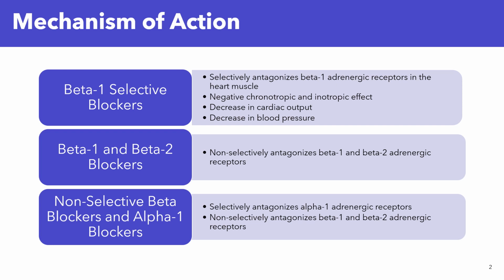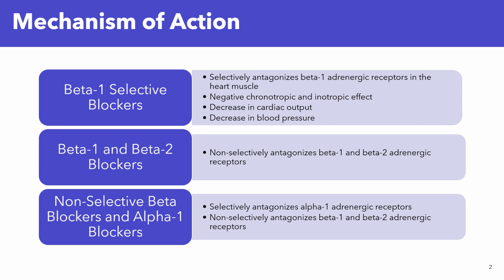Next, we have the non-selective beta blockers and alpha 1 blockers. These medications antagonize beta 1 adrenergic receptors and beta 2 adrenergic receptors, but additionally, they also selectively antagonize alpha 1 adrenergic receptors. So what does that mean?